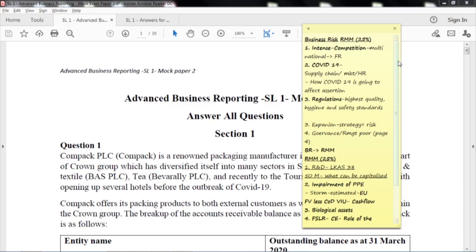But especially here, when you look at this entire paper, you may have a question: which question should I start with? Usually my recommendation to students is that you have studied the pre-seen and there is a 50 marks question, right? There you need to really concentrate, and you already know some of the answers.